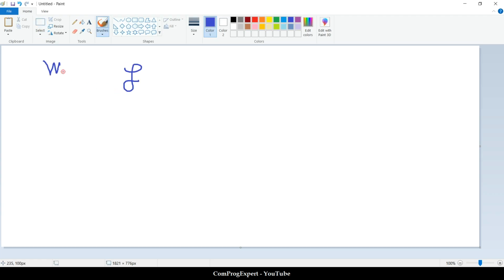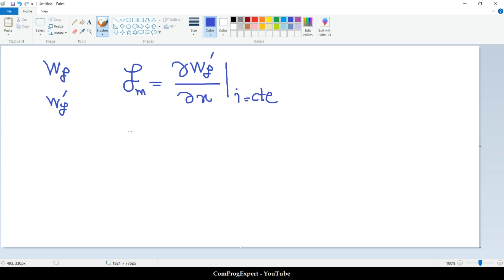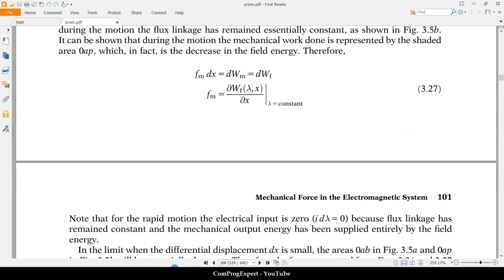So in summary, we have these two important equations for the force. We can use energy or we can use co-energy, depending on the type of the problem. The developed magnetic force is the partial derivative of co-energy when the value of the current is constant, or Fm is the negative partial derivative of energy when the value of the flux linkage is constant.